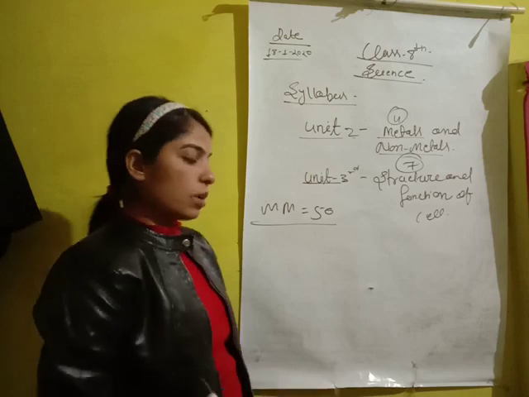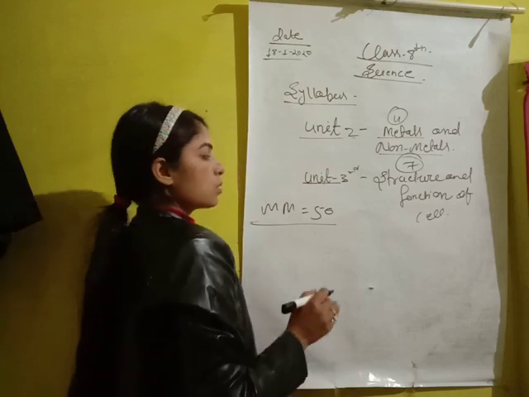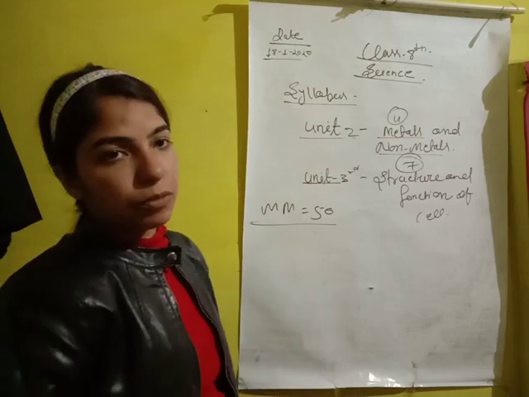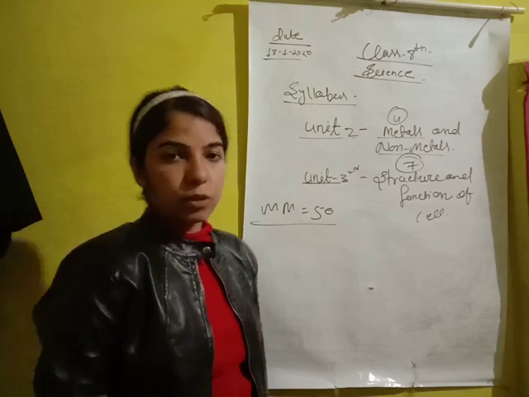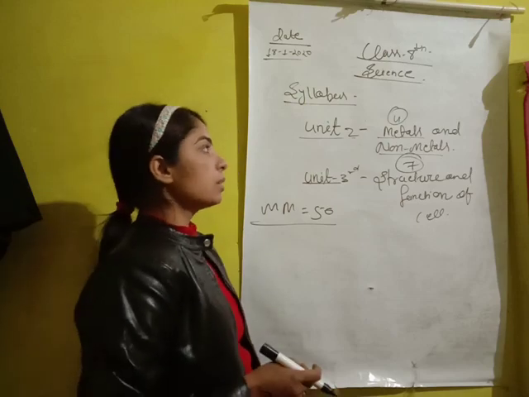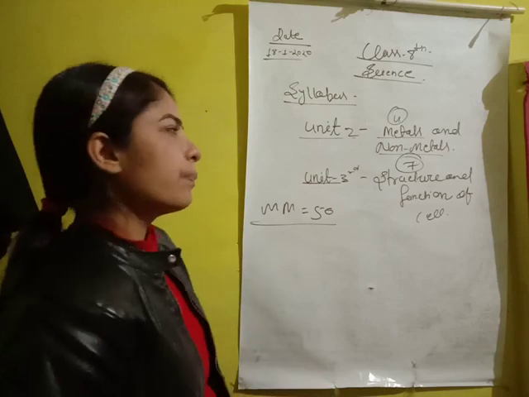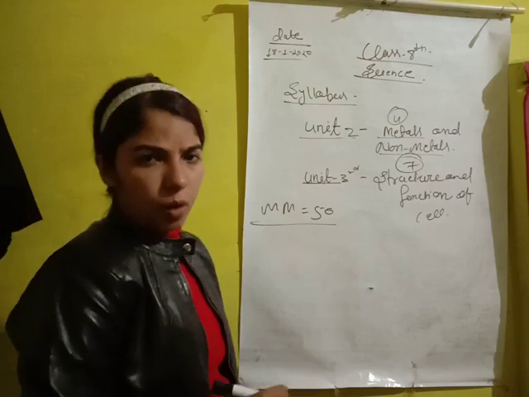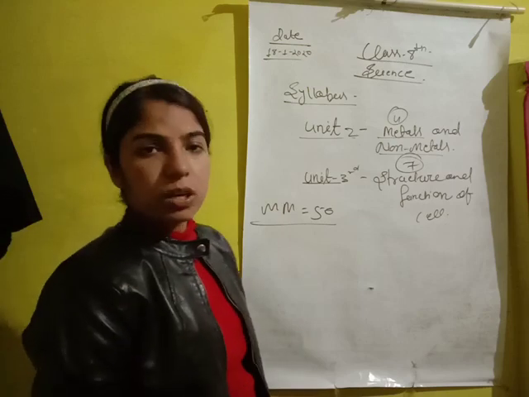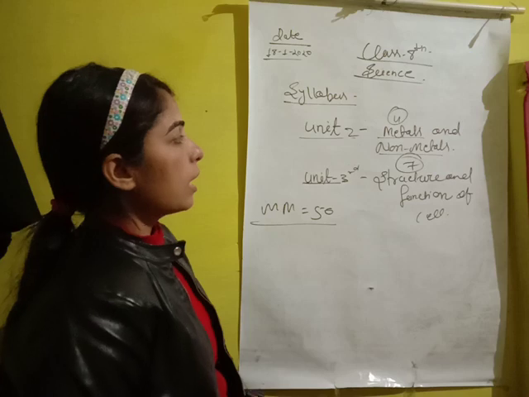Okay. Now what you have to read in this chapter. Students, last unit test I didn't give you long answers for writing. But in this unit test, you have to learn long answers also. So I included long answers and objective.